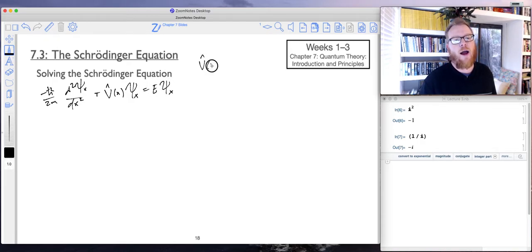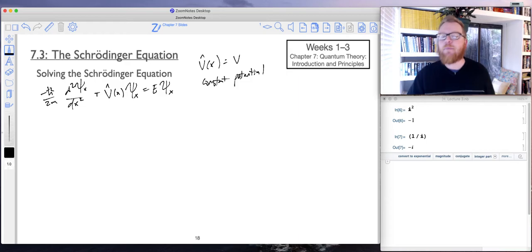And for now, I'm going to assume my potential energy operator is just equal to some constant value. Okay, so we're just going to say constant potential, and I'm going to use the letter V to represent that constant potential. Now the way that I solve this Schrodinger equation, I have to isolate psi.